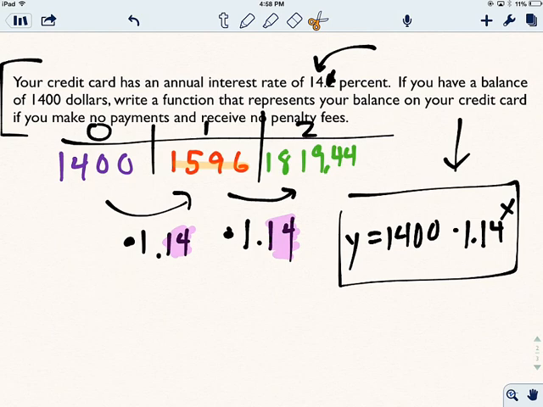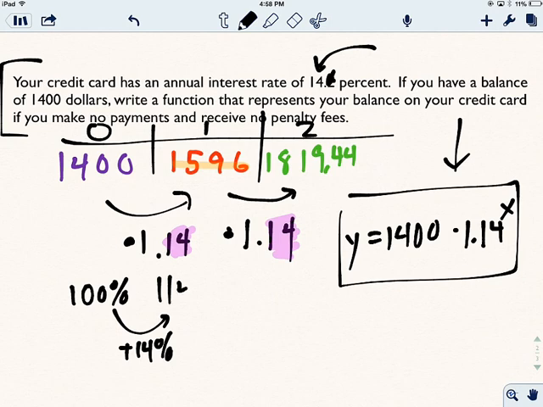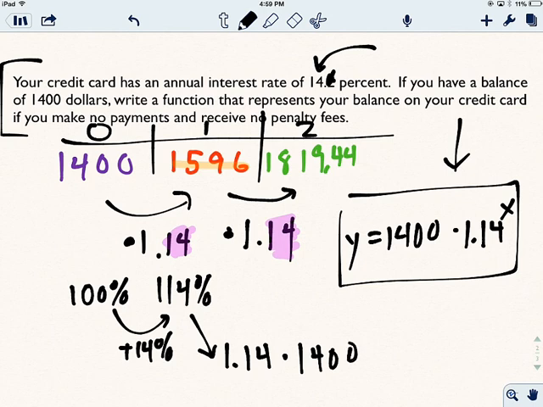Okay, so that 14% ends up right there as 1.14. And so another way to think about a 14% increase is that if this is 100%, I'm going to add 14% and get 114%. And so what is 114% of 1400? Well, it's the same as 1.14 times 1400.